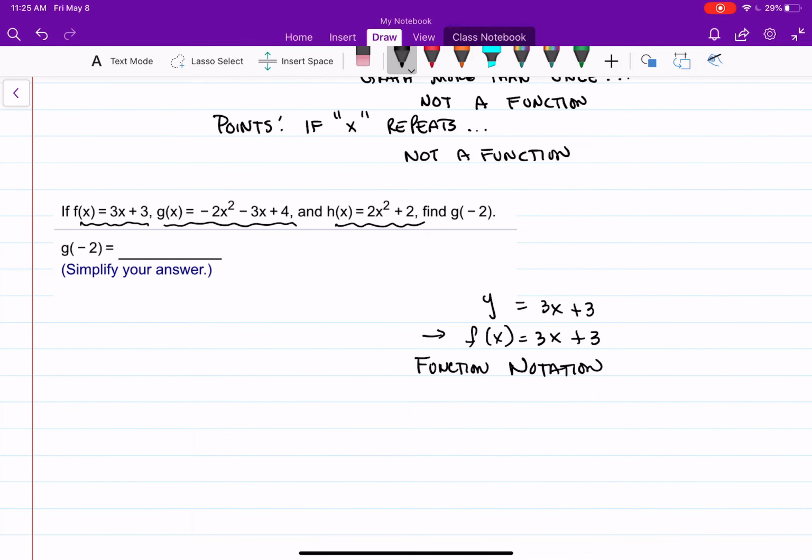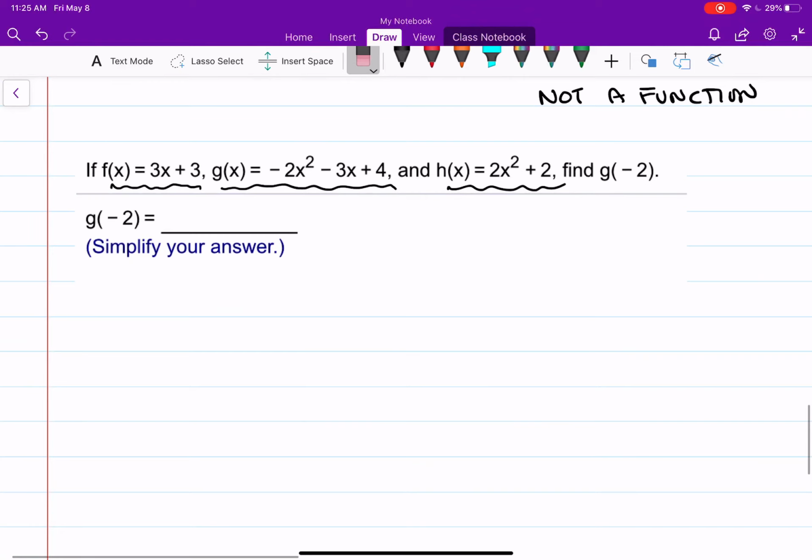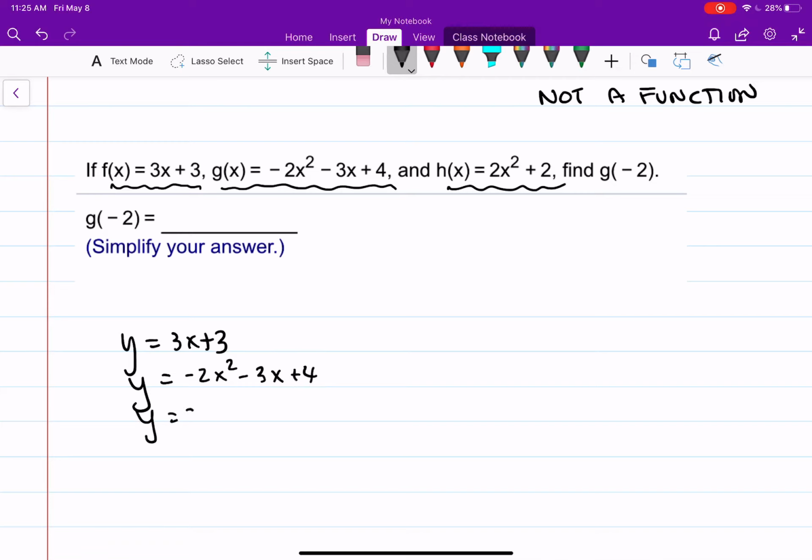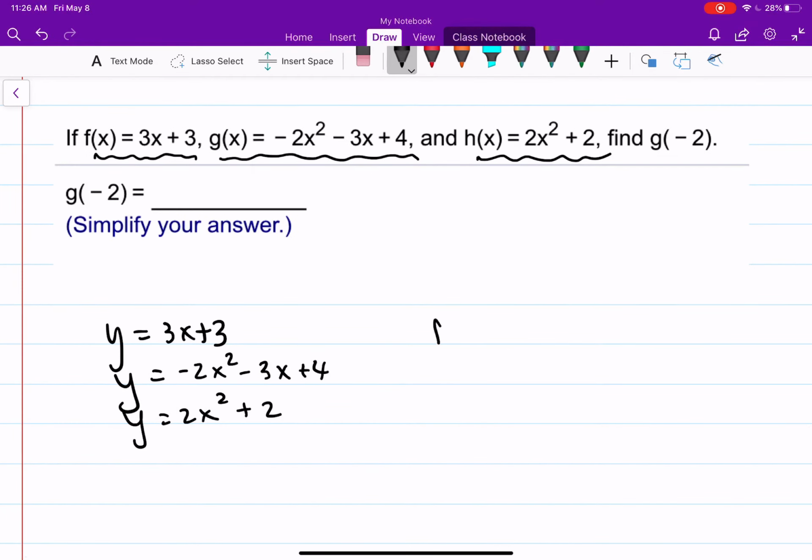Why are we using function notation? The reason is because if I was to tell you, hey, y is equal to 3x plus 3, y is equal to negative 2x squared minus 3x plus 4, and y is equal to 2x squared plus 2, and I said, okay, find y when x equals negative 2, you're either going to give me one answer, picking an equation and plugging that x of negative 2 in there, or you're going to give me three different answers.